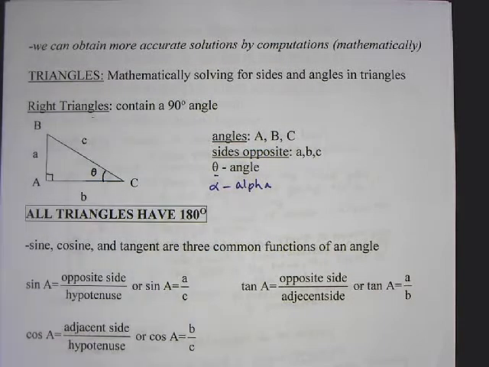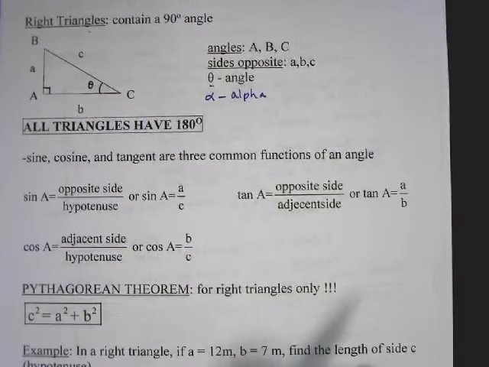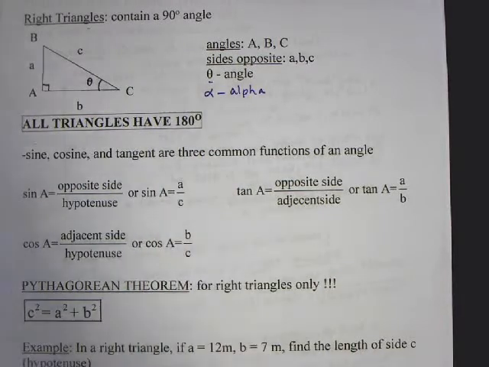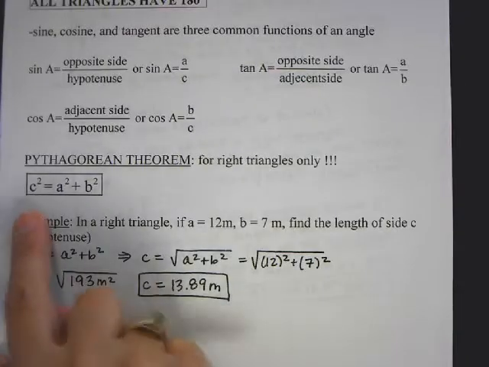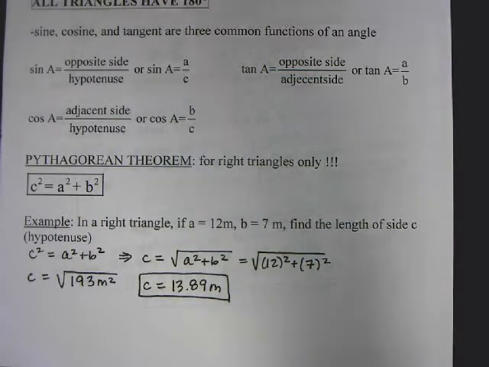Now, do we have to have memorized the definitions of sine, cosine, and tangent and the Pythagorean theorem? Of course we do. That's math that you need to know to be successful in physics. So sine is equal to opposite over hypotenuse, cosine is adjacent over hypotenuse, and tangent is opposite over adjacent. And the Pythagorean theorem says c squared is equal to a squared plus b squared.